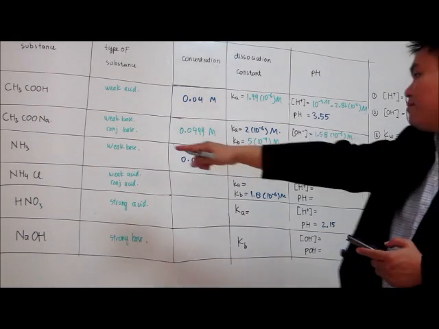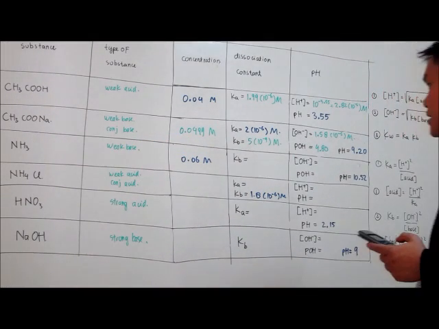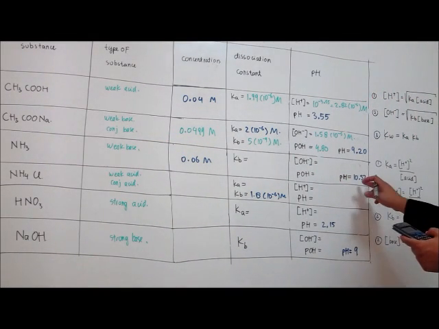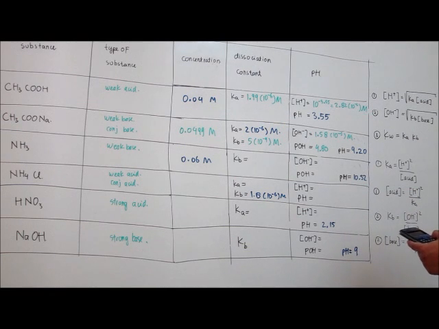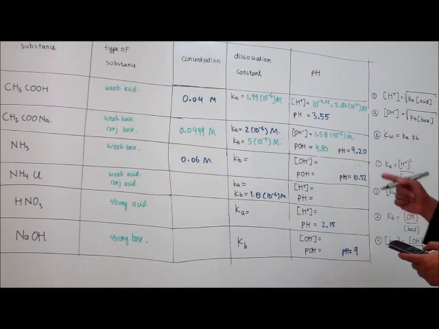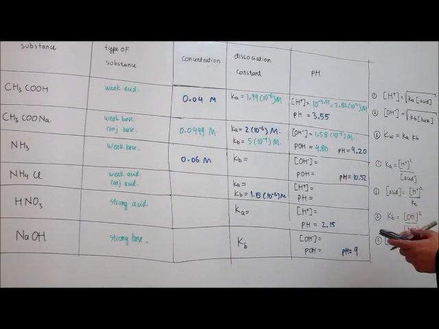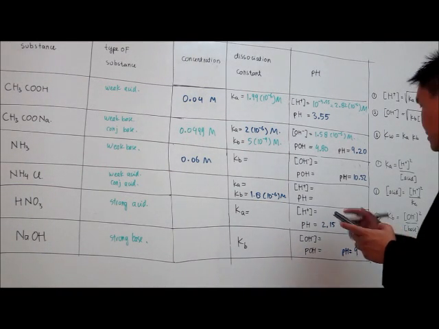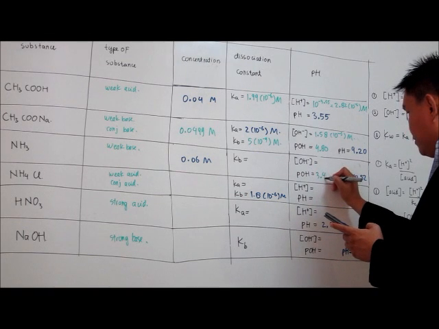Similarly, question number 3 is calculating a weak base. pH is given. Since we are calculating a weak base, we must calculate the pOH. So 14 minus 10.52, you get 3.48.